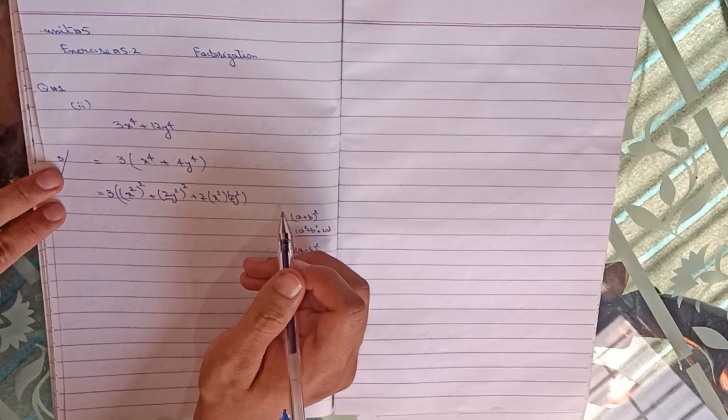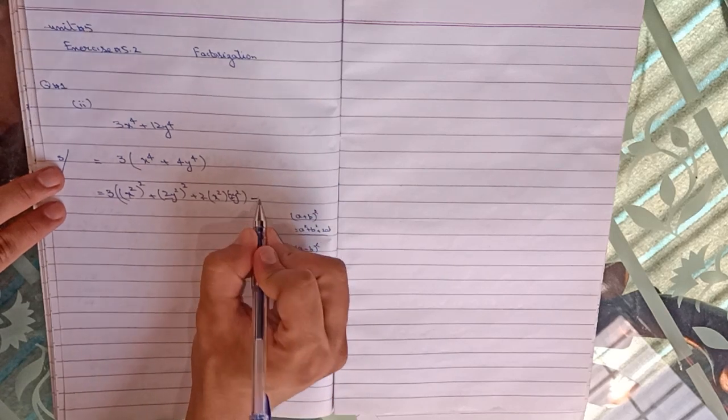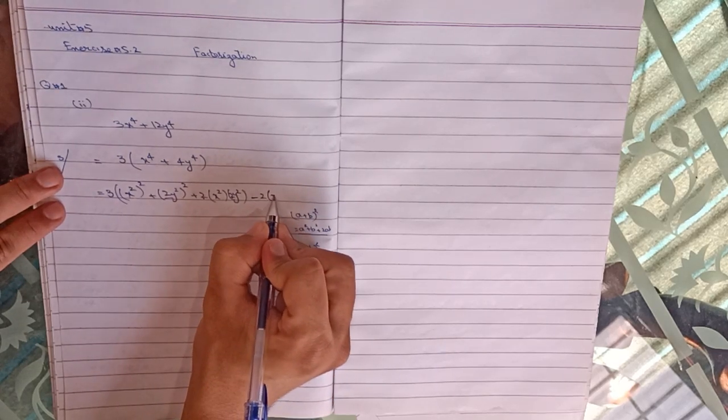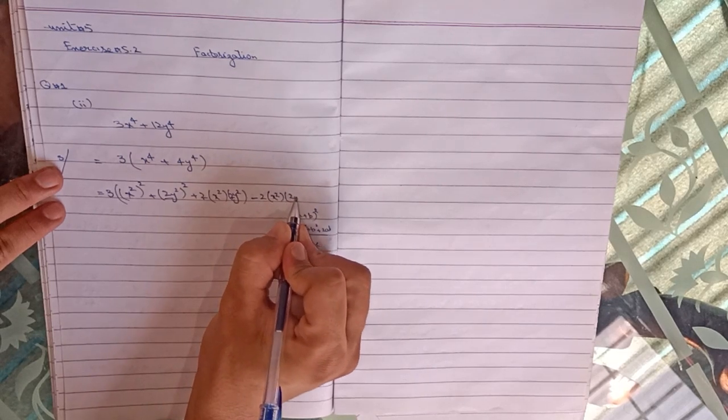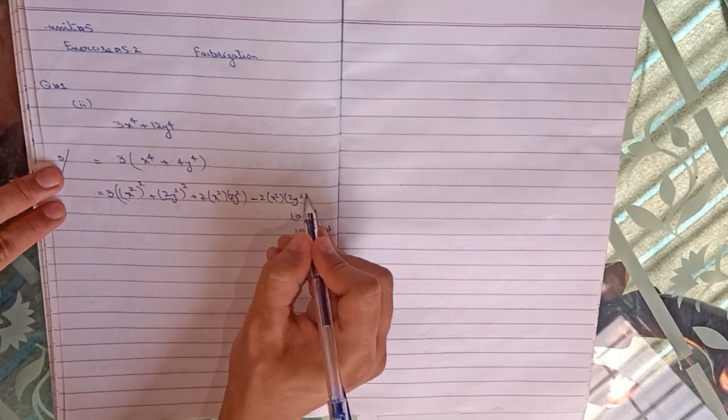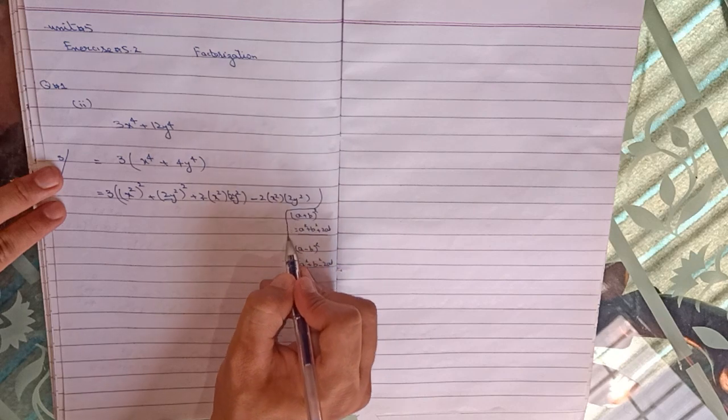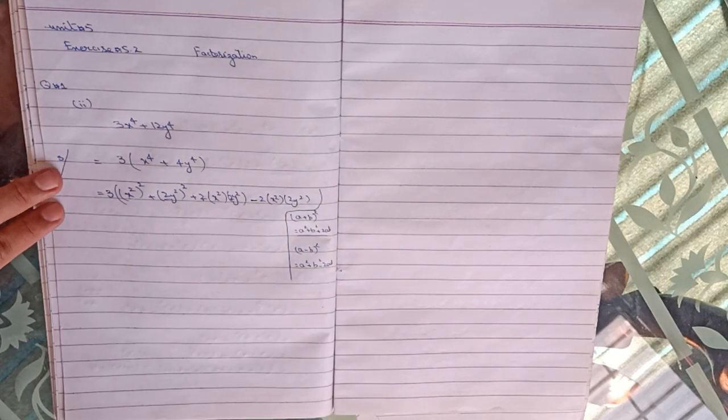So what we add, at the same time we will subtract. We have added 2ab, and at the same time we subtract 2ab.